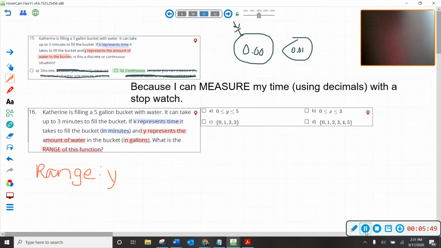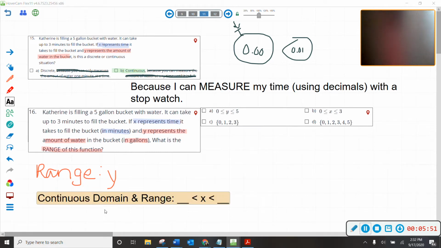So the continuous domain or range is going to look like a number is less than or equal to, well, x if we're talking about domain, but in this case, we're actually talking about y, and then less than, or it could also be, oops, wrong one.